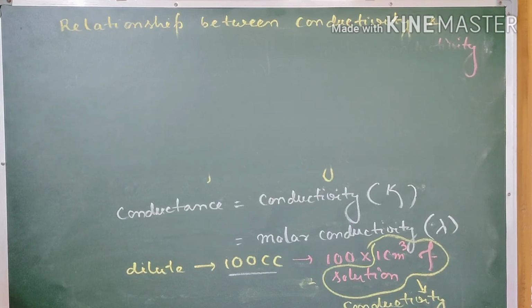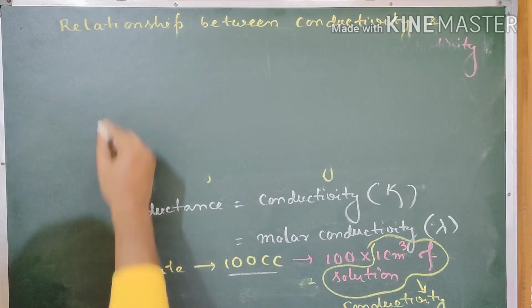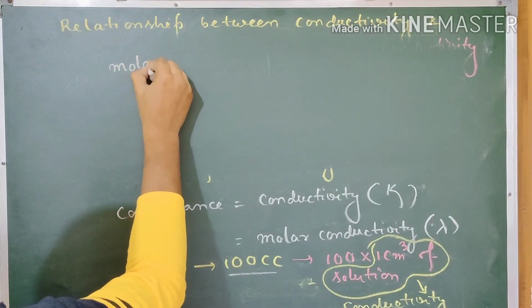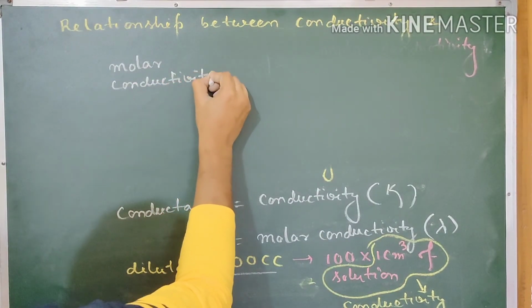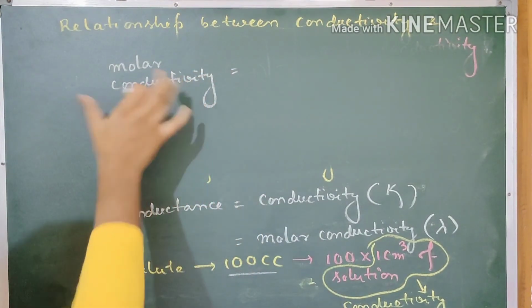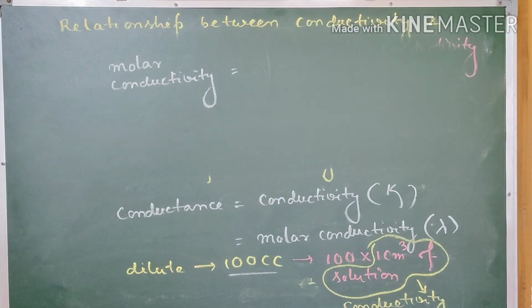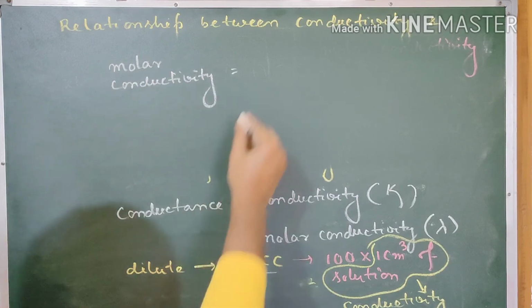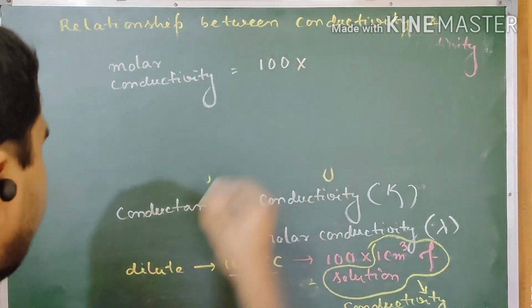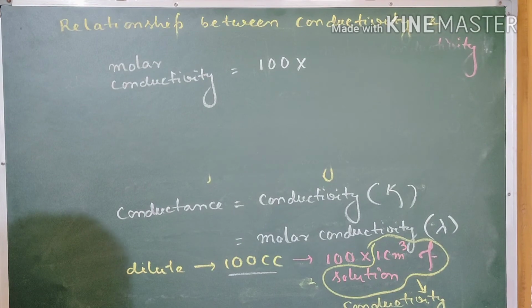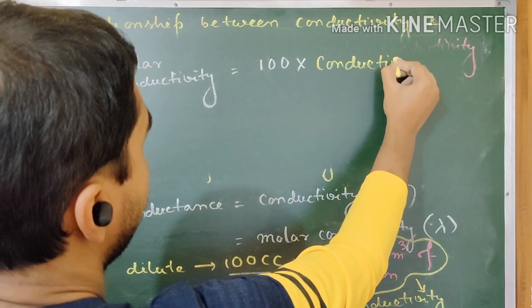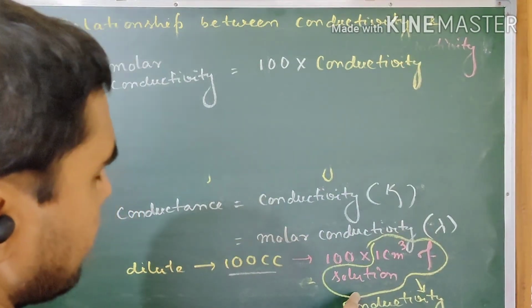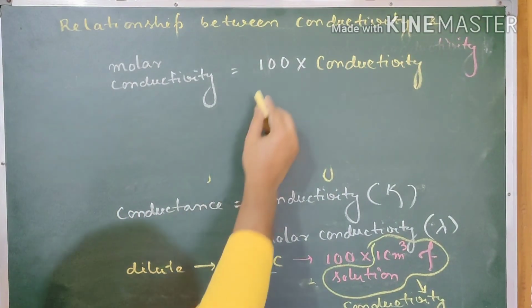So we should say that molar conductivity, because the total solution contains 1 gram mole, and we are measuring the conductance of that only, should be equal to 100 into conductivity. You can see here, what is that 100?